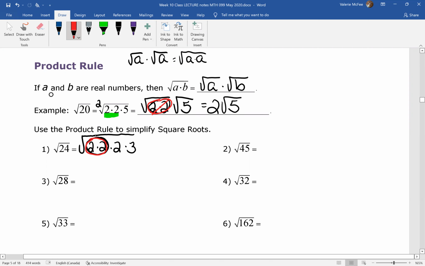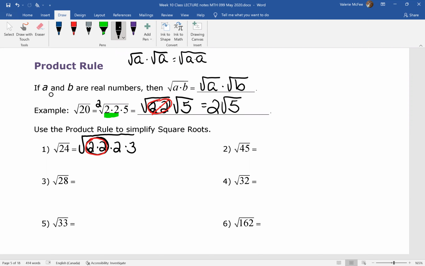So we can think about this as the square root of 2 times 2, which we know equals 2, times the square root of 2 times 3, or 6. The index is 2, so whenever we have 2 factors the same, we can take it out. Remember that property: the square root of a times a equals a. We have 2 factors that are the same.